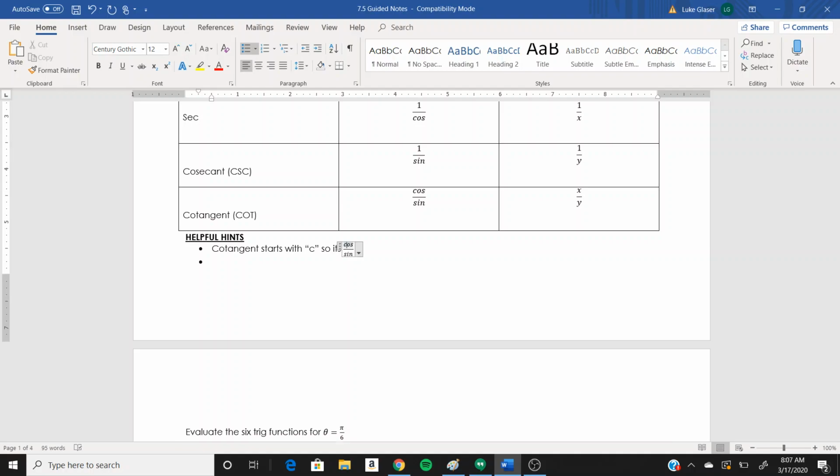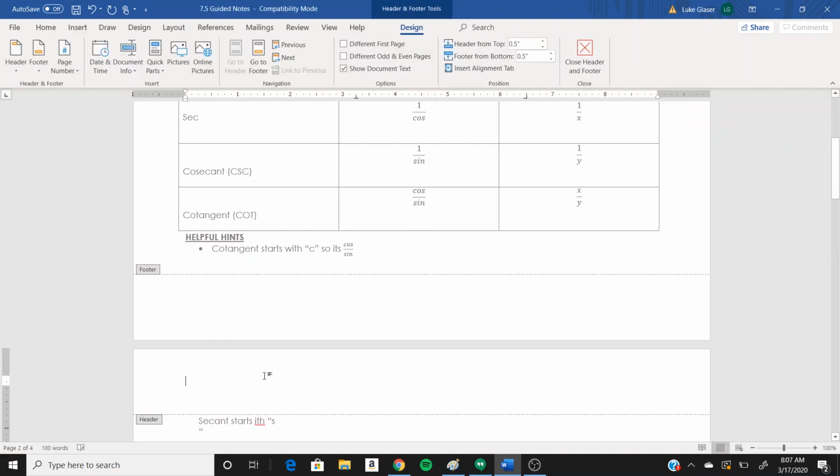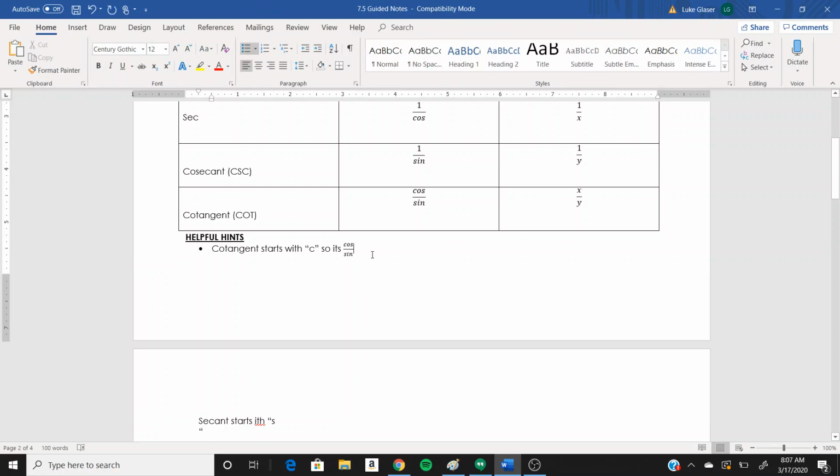The second hint is about secant and cosecant.